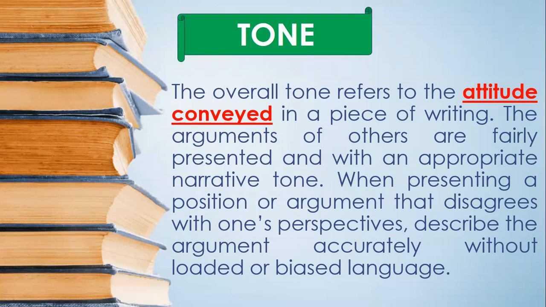Always remember that when you are writing an academic text and you are presenting a position or argument that disagrees with one's perspective, describe the argument correctly without being biased or using loaded language. So what do we mean by loaded language? When we say loaded language, these are languages that express bias.